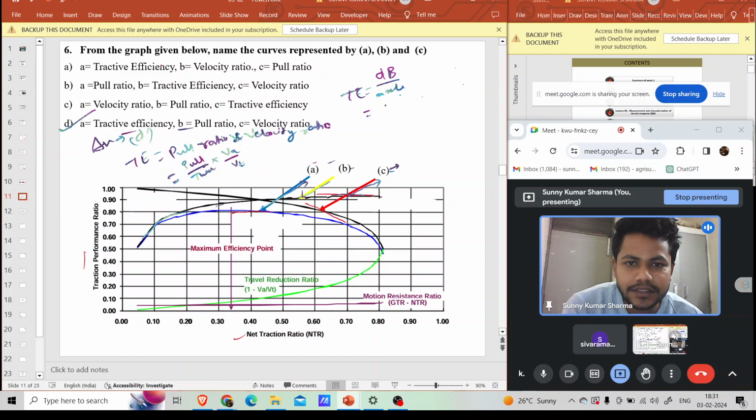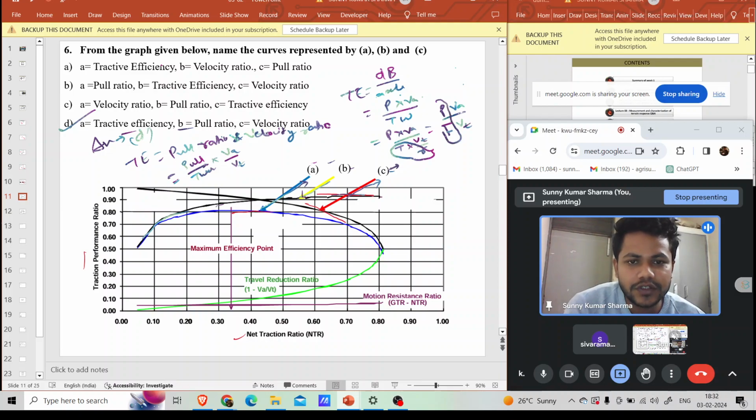So this drawbar power is pull developed into actual velocity, and the axle power is torque into omega, which is torque into theoretical velocity by radius. This T by R is nothing but the thrust developed by the wheel. So if you denote it with F, then it is P by F into V by VT.